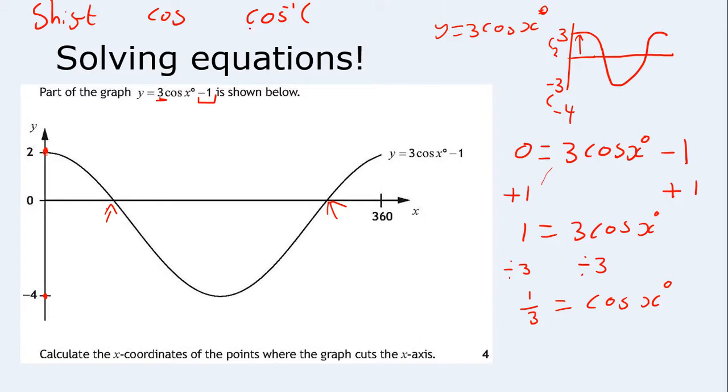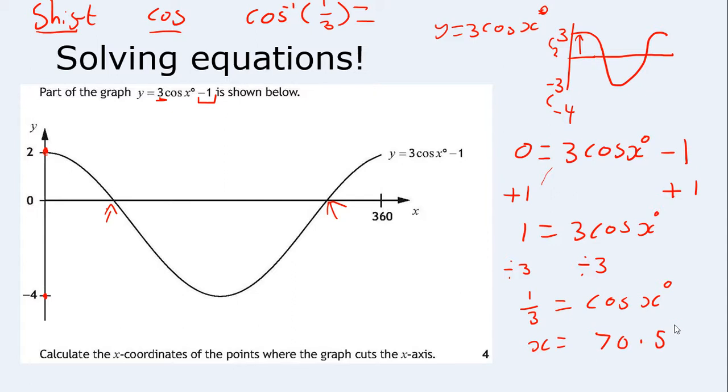And if in your calculator you type this, again using these two buttons, and then you type a third, and then you press equals, that's going to tell you what the value of x is. So hit equals, and you'll see that x is equal to 70.5. And again, I've rounded to 1 decimal place.